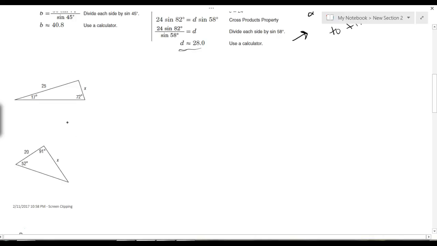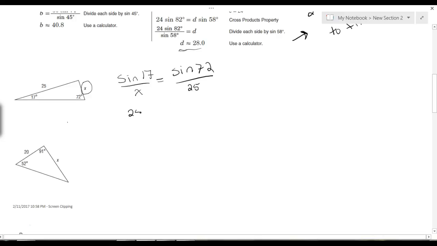So here we have an example where we're going to solve for side x, which is opposite 17 degrees. So I'm going to go ahead and write that in. Sine of 17 over x equals, and the other information I know is 72 degrees across from a 25 unit side. So I'm going to say it equals sine of 72 over 25. I'll go ahead and cross multiply.